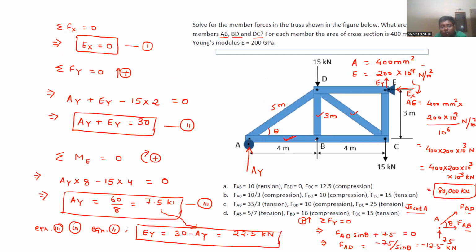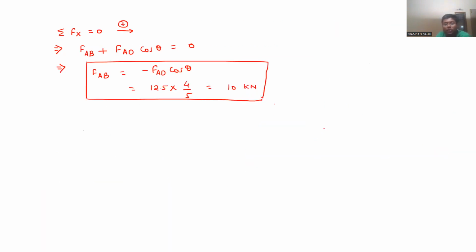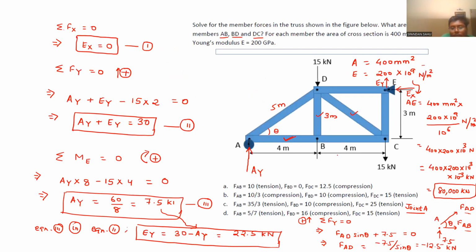Now when you come to this joint B, you can directly see when you draw the FBD for joint B, FAB will act like this, FBC will act like this, and FBD will act like this.